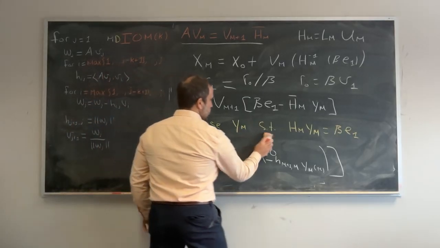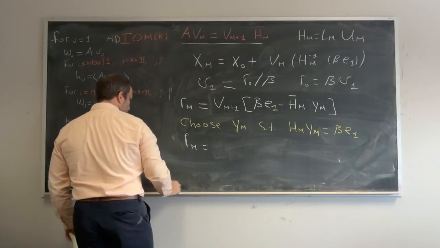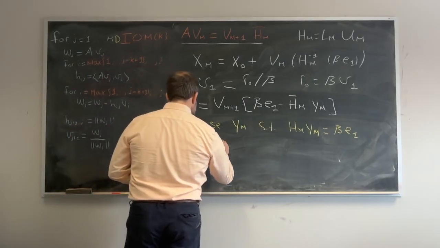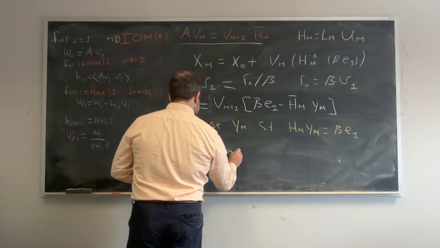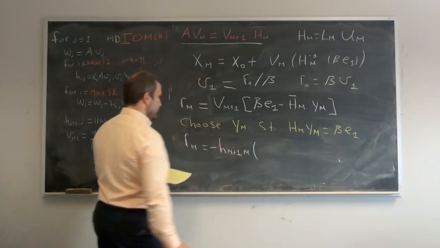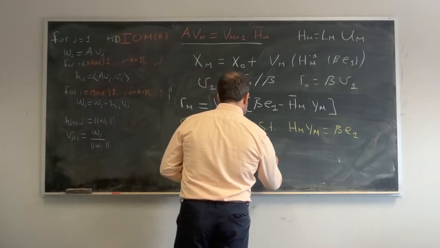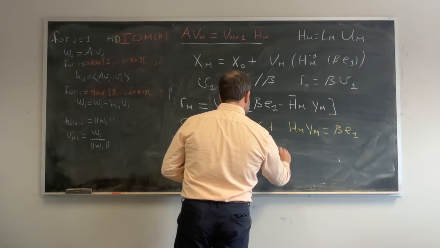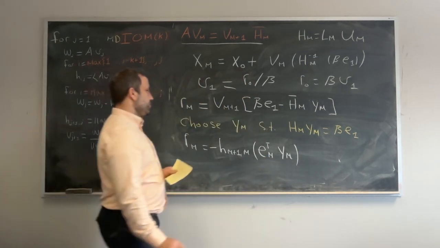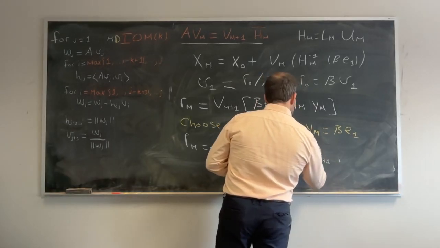And so now the last column of V_{m+1} is the vector v_{m+1}. So we're going to get minus h_{m+1,m} times the last entry of y_m, which we can write as e_m transpose y_m, and then times the vector v_{m+1}.